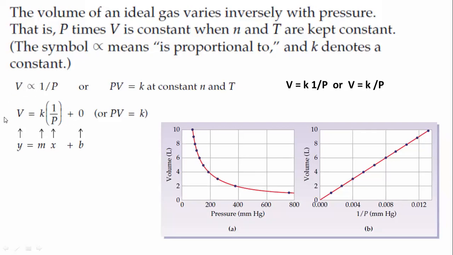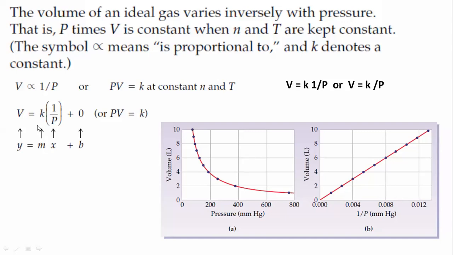Again, the equation is written over here, y equal to k over p or y equal to k times 1 over p. These are the two factors, one is the k, the other one is 1 over p, and 1 over p is the variable. And whenever a variable is going to multiply with the constant, it must be on the x-axis.